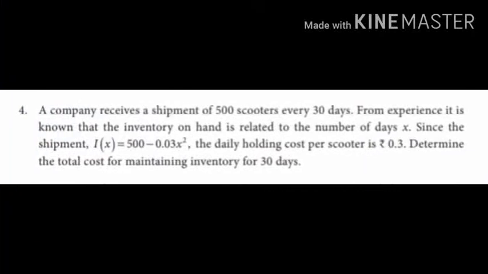The next problem for today's session is: a company receives a shipment of 500 scooters every 30 days. From experience, it is known that the inventory on hand is related to the number of days x since the shipment. I(x) is equal to 500 minus 0.03 x squared, the daily holding cost per scooter is rupees 0.3. Determine the total cost for maintaining inventory for 30 days.